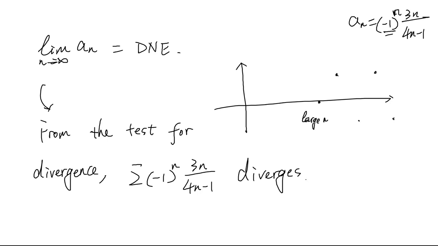Okay, let's introduce another kind of convergence, which is stronger than the convergence we have learned. So now, this is absolute convergence. This is a stronger type of convergence.